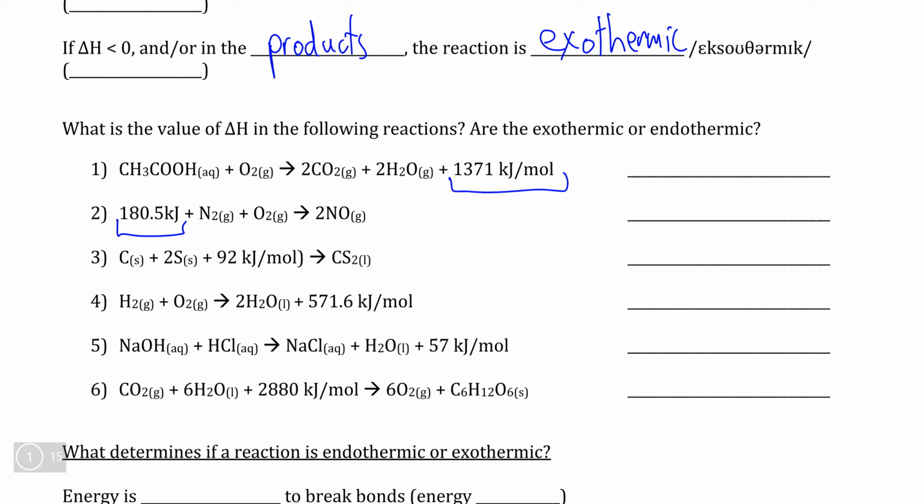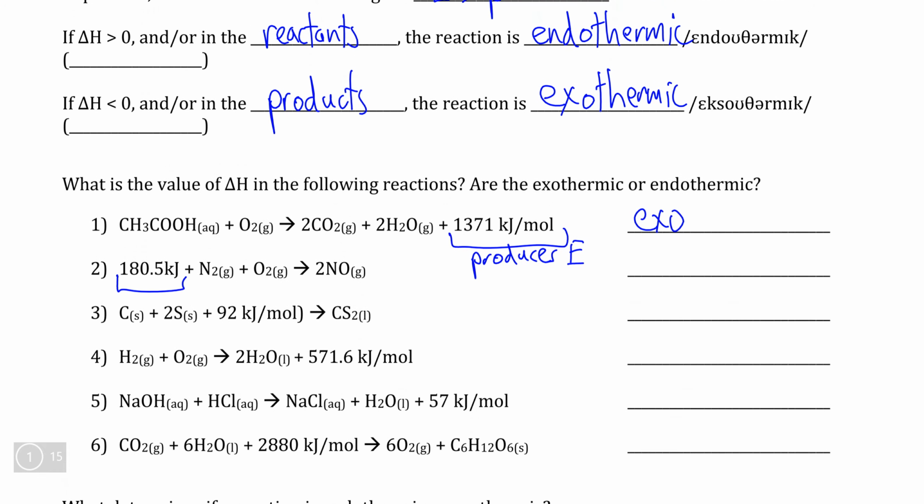So in this case, remember that if energy is a product in the equation, that means that our reaction is exothermic. In other words, exo is a prefix that means outside, which means that this energy term here is a product, which means that this reaction here produces energy. Hence why the energy is found outside of the reaction, because it is released by the reaction as it occurs.